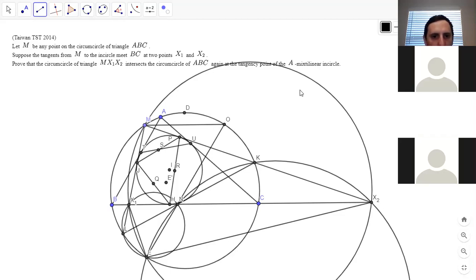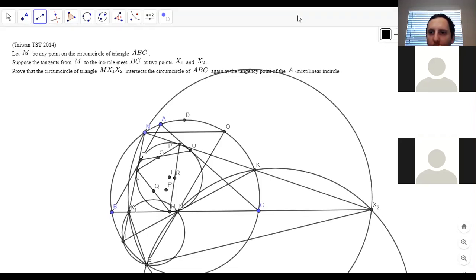And then we want to show EI and D are collinear. Invert again with respect to I. Okay, so E goes to E prime, right?